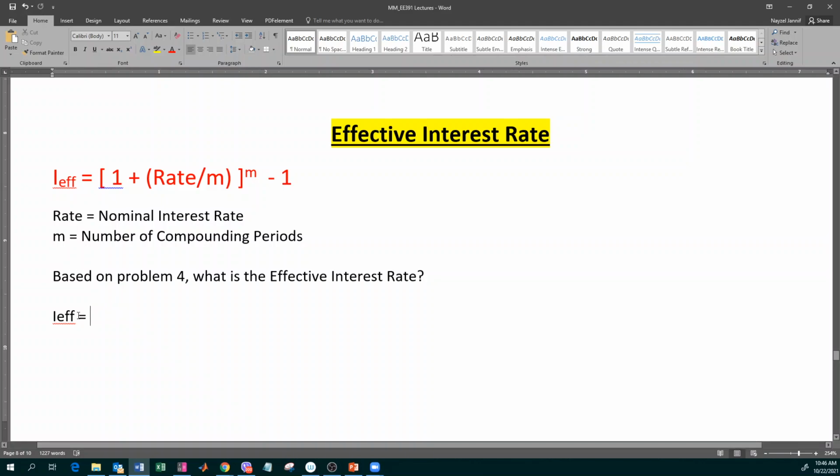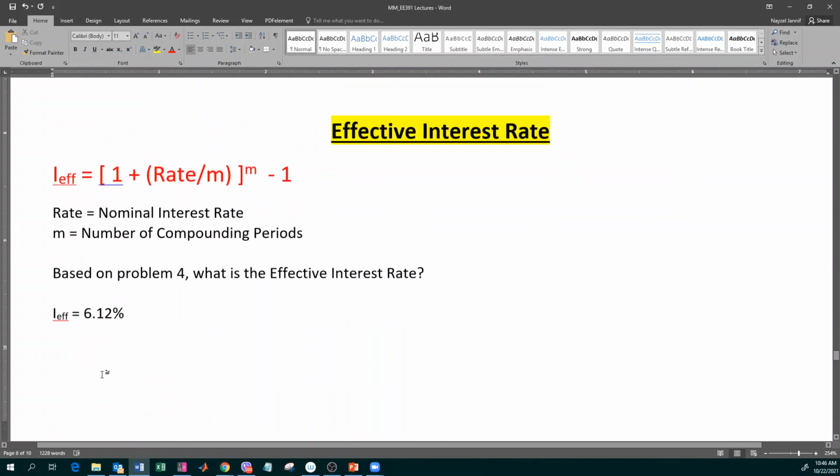I'm getting 6.13% actually, but I'll take your value. I effective is equal to... all right. So your M over here is 4.